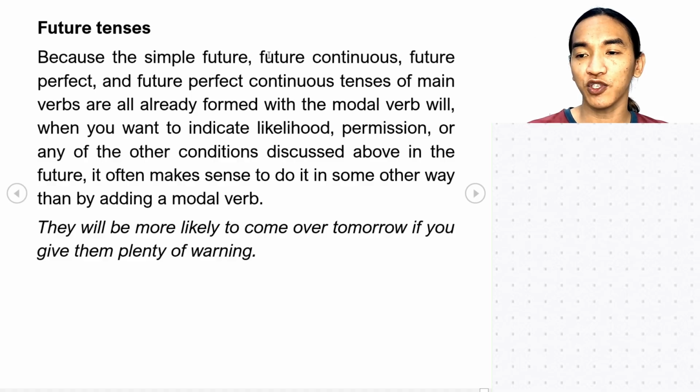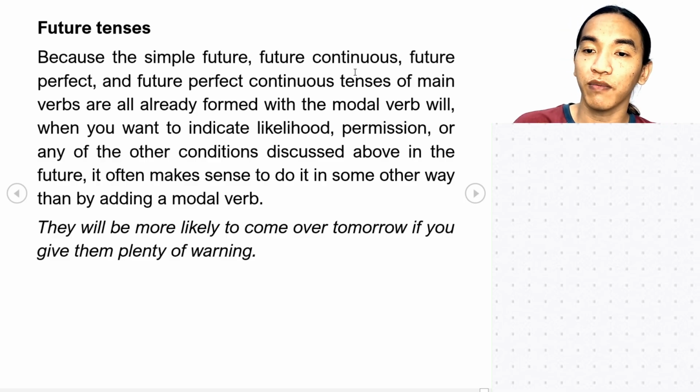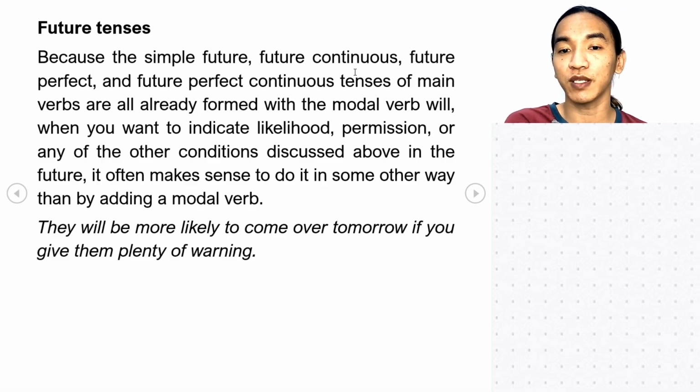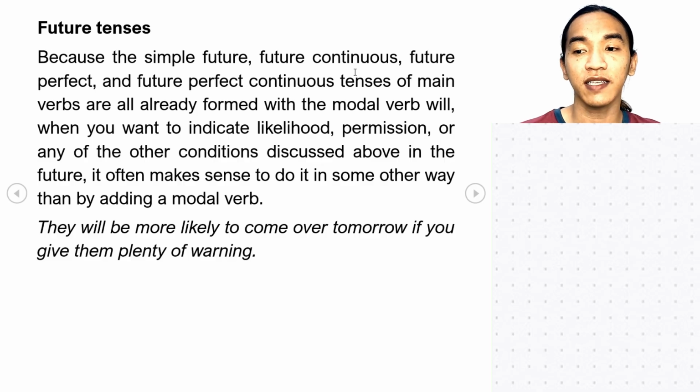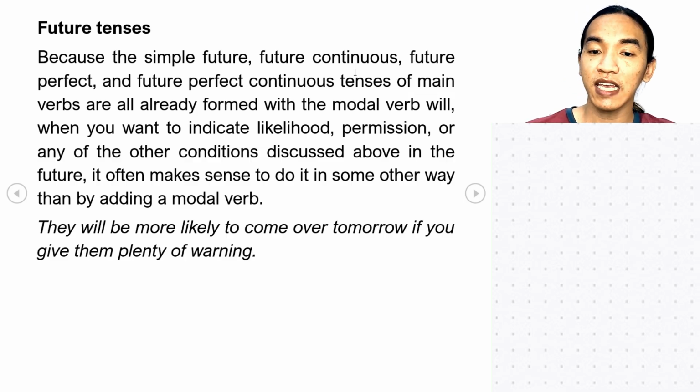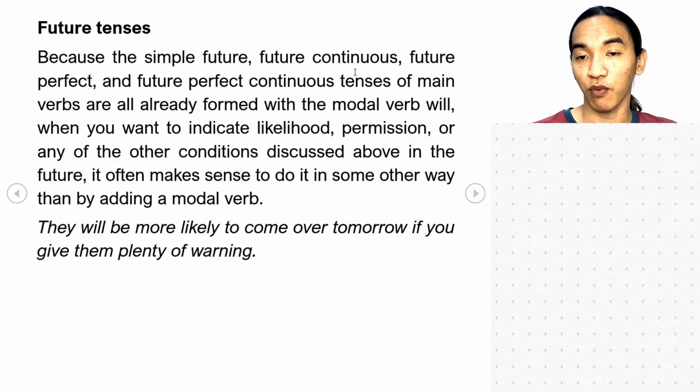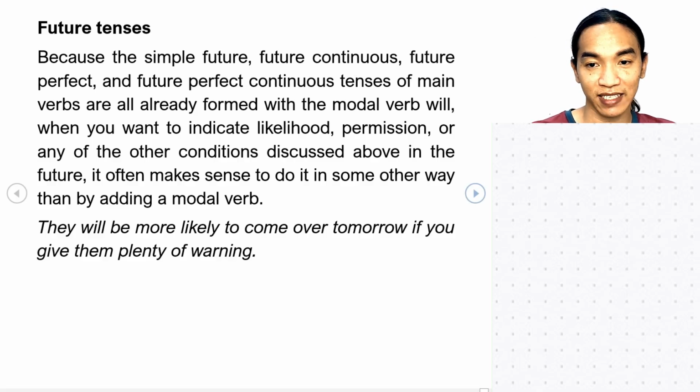Because the simple future, future continuous, future perfect, and future perfect continuous tenses of main verbs are already formed with the modal verb will, when you want to indicate likelihood, permission, or the other conditions discussed above in the future, it often makes sense to do it in some other way than adding a modal verb. Example, they will be more likely to come over tomorrow if you give them plenty of warning. So, future tense in this case.